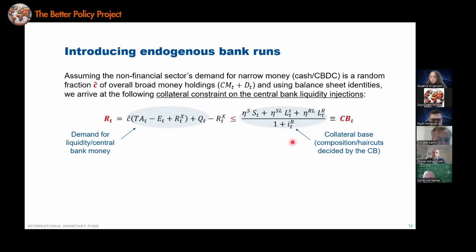Then the same amount of liquidity risk will need to be backed by an even higher amount of collateral-eligible assets. So a higher policy rate essentially reduces the present value of future repayment from banks to the central bank, and therefore it can tighten the collateral constraint. But in most cases, this is marginal.